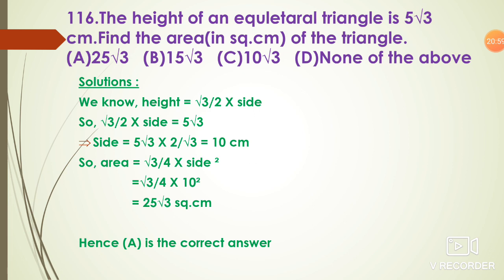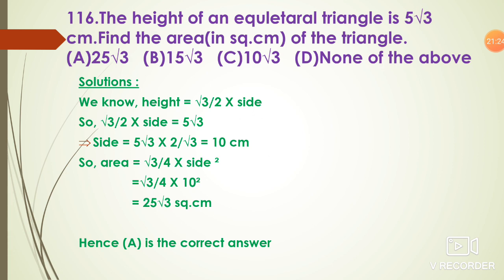Question number 116. If the height of an equilateral triangle is 5 root 3, find the area of the triangle. We know that the height of an equilateral triangle is root 3 by 2 into side. But they have also given the height as 5 root 3. So root 3 by 2 into side equals 5 root 3.